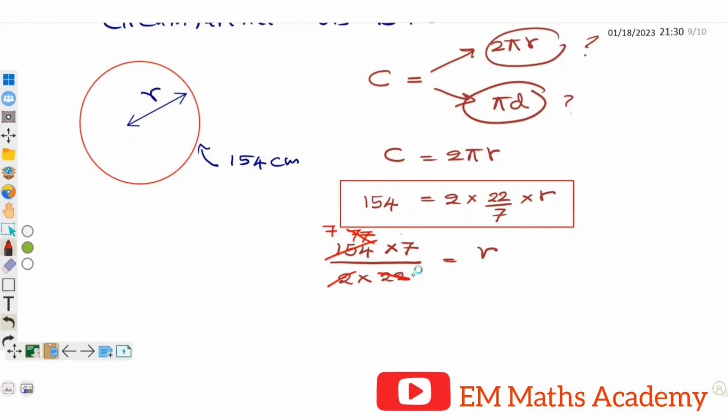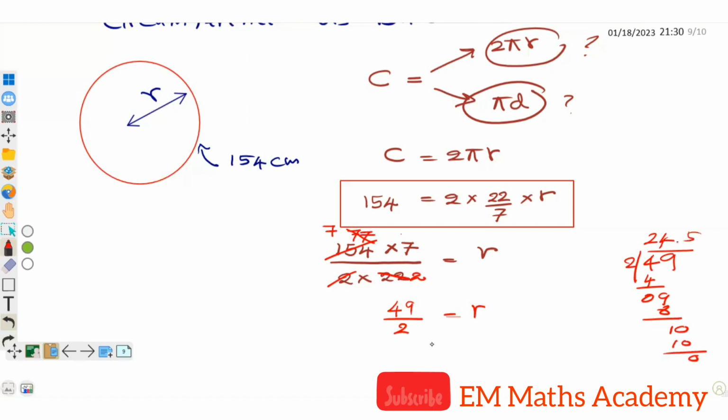Then 7 times 7, it is 49, divided by 2. So r can be obtained. 49 divided by 2 is 24.5. Then r is equal to 24.5 centimeters.